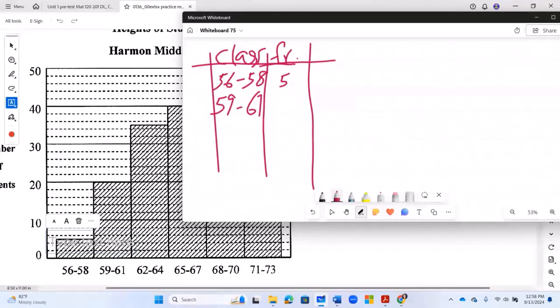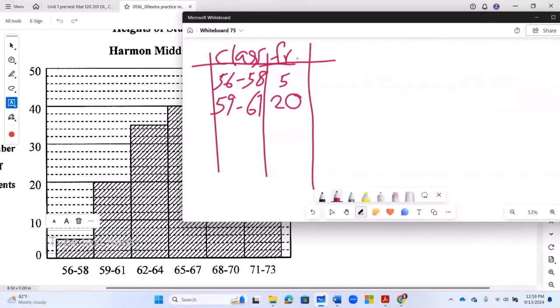Maddie, do you know it? It is 20. Good job. Another way of asking is, what is the height of the bar representing 59 to 61? That is 20.